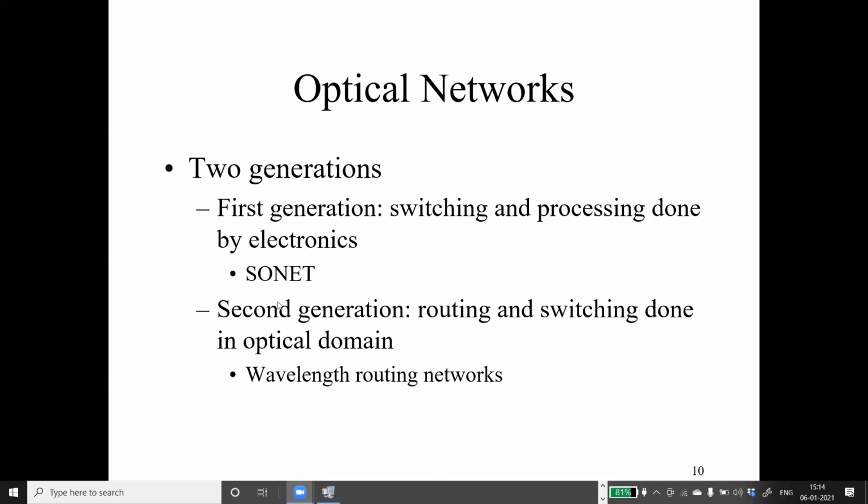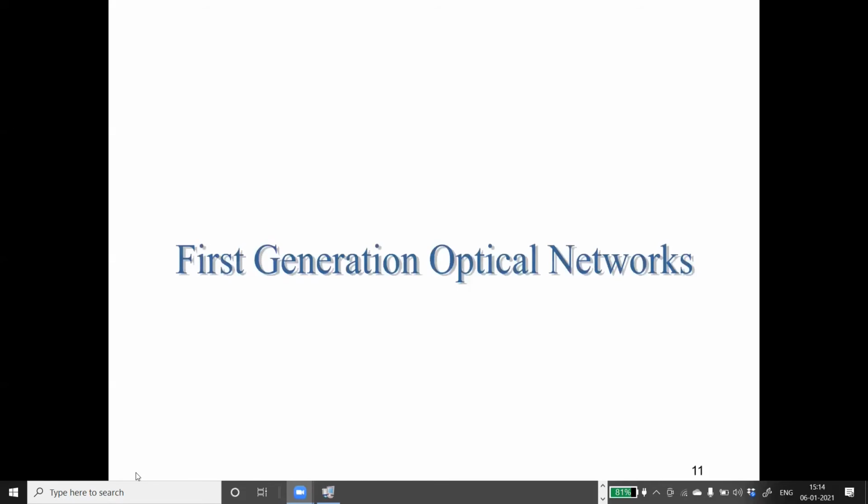That is the second generation of optical network, but still a lot of work is going on and there is a lot of scope for improvement. The existing system has definitely achieved some dynamics as compared to SONET, which was static in nature, and this second generation has added some dynamicity to the network.